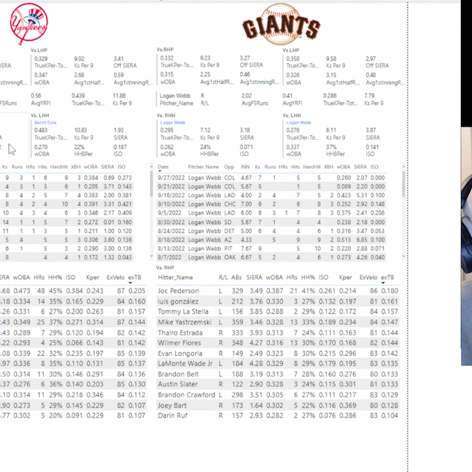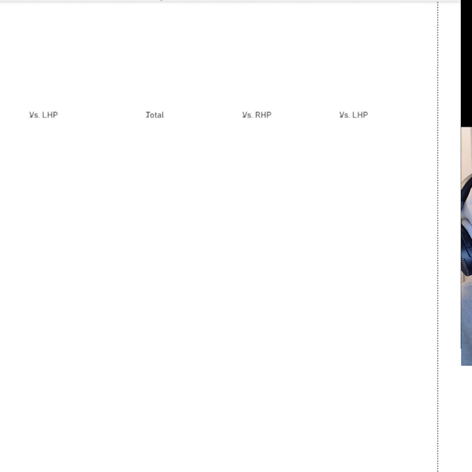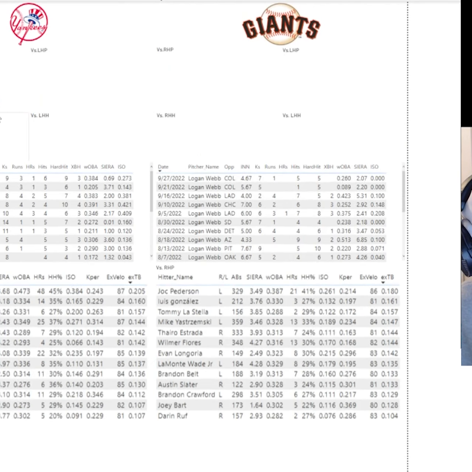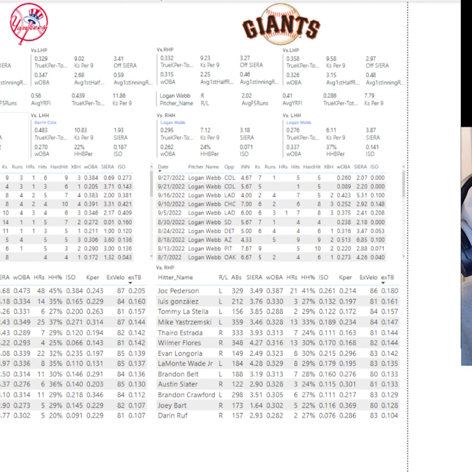So we can read this as, any right-handed or left-handed hitter against Gerrit Cole does not have that great of a matchup, because his wOBA allowed and his SIERA allowed to both sides of the plate are significantly under the league average. So is the hard hit ball percentage, except against righties. That's about league average.